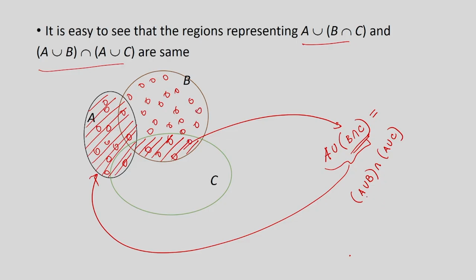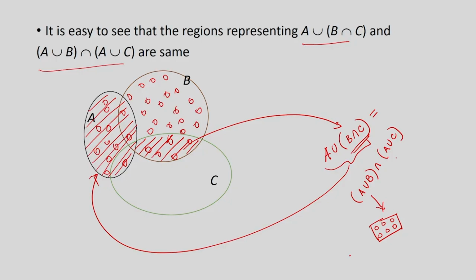So, A union B is this. Okay. So, this entire two circles put together, A and B together, including the intersection of A and B.